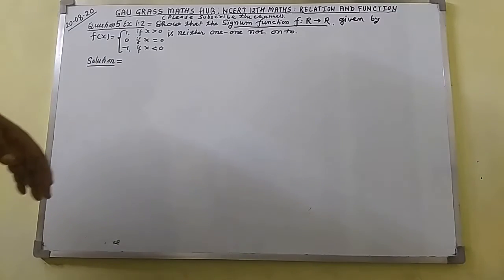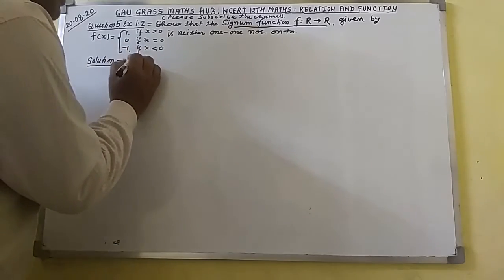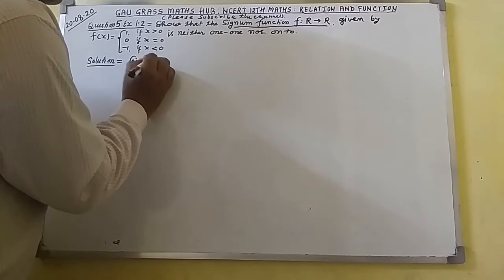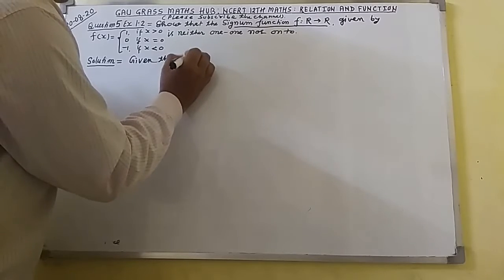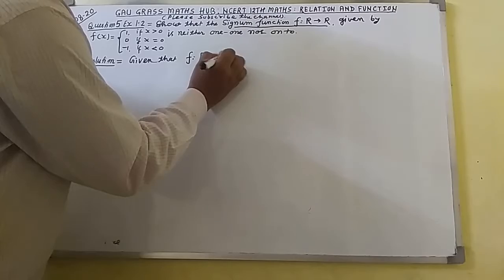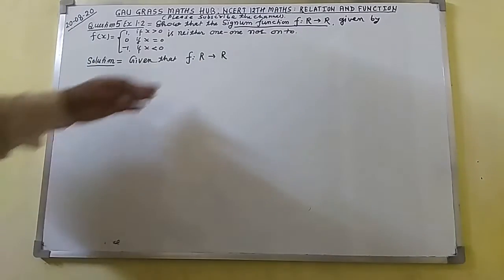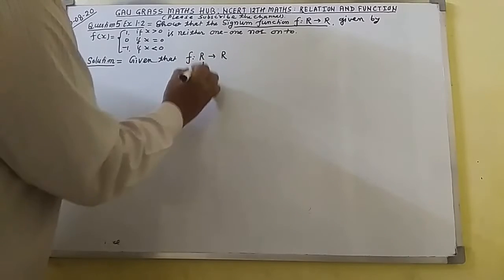Solution: here I shall write, given that f: R → R. Here you can see this capital R is the domain.